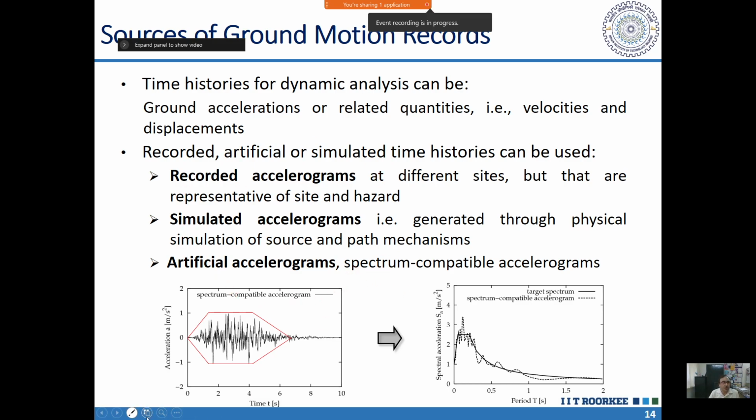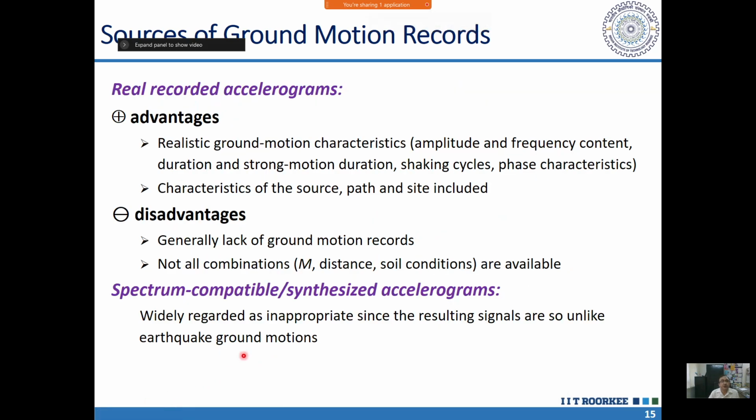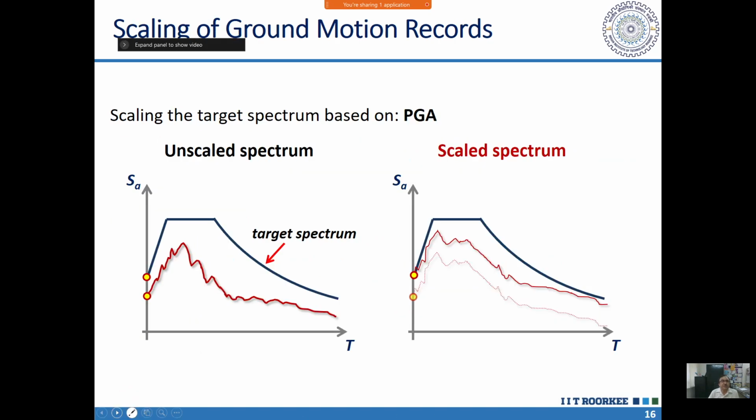And when we are using recorded accelerograms, recorded earthquakes, it is not necessary that it represents the response spectrum for which I am designing. So let us say the response spectrum which I want to design for is given by the blue color, this is the target spectrum, and this is what I am getting from the selected ground motion.